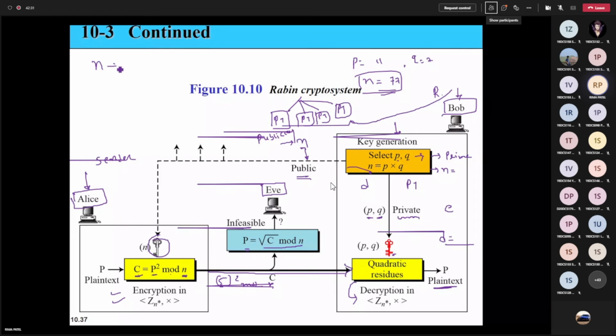This is one of the disadvantages, but the advantage is factorization of n. The attacker has to do the factorization of n in order to assume the key.